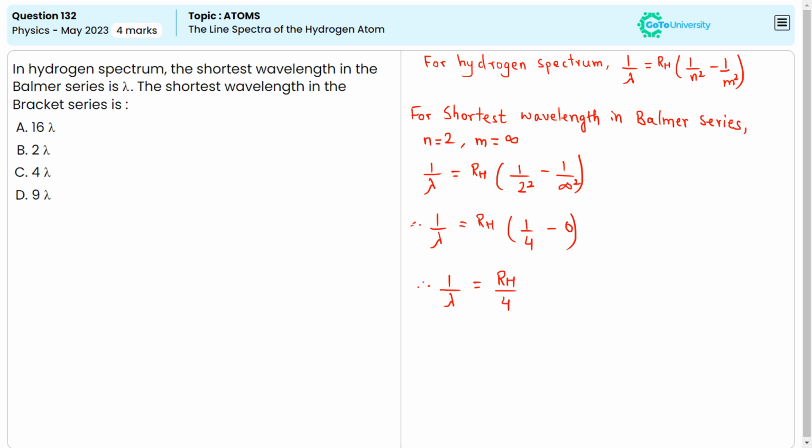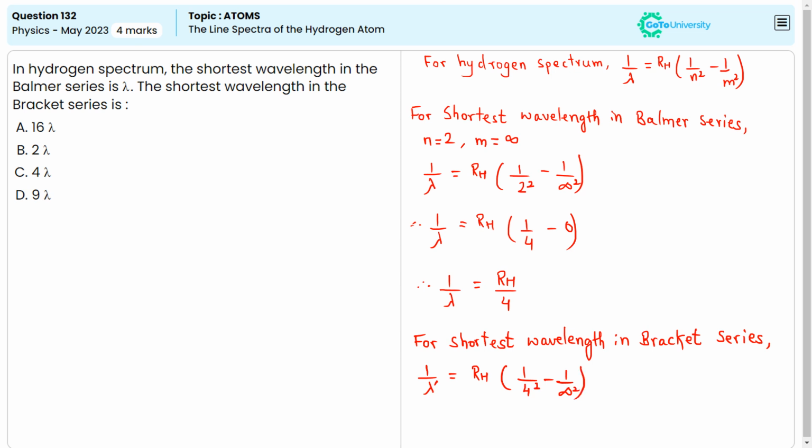Now for shortest wavelength in Brackett series, we have the formula 1 upon lambda, here I am writing it as lambda dash for Brackett series, equals RH, which is Rydberg's constant, times 1 upon n square minus 1 upon m square. For Brackett series, n we are taking 4 and m will be infinity.